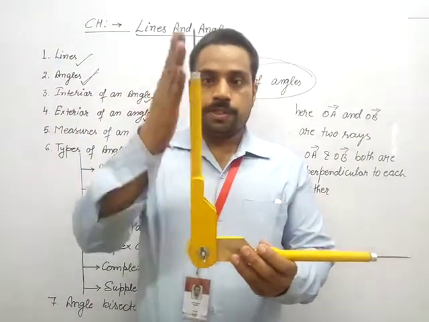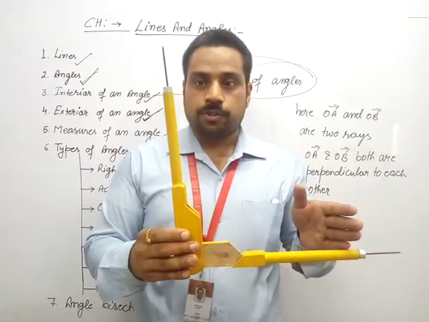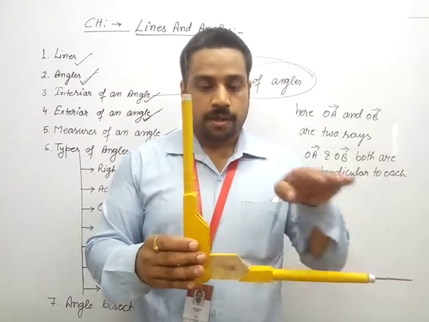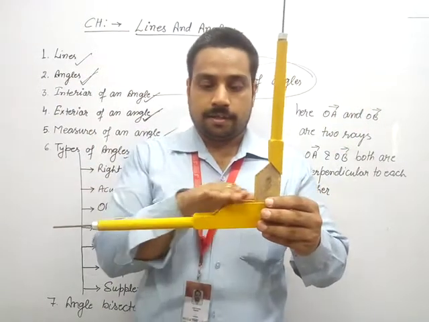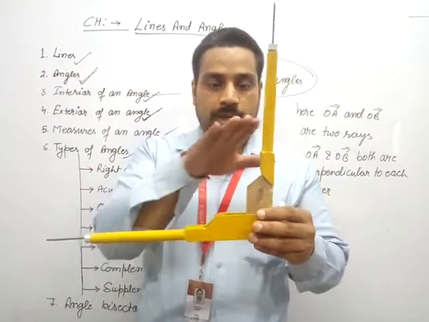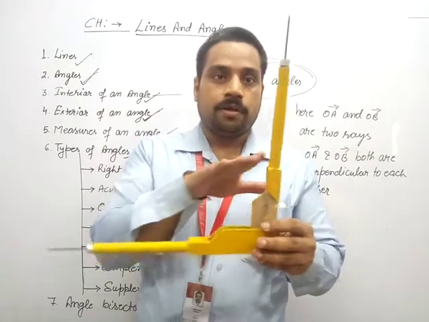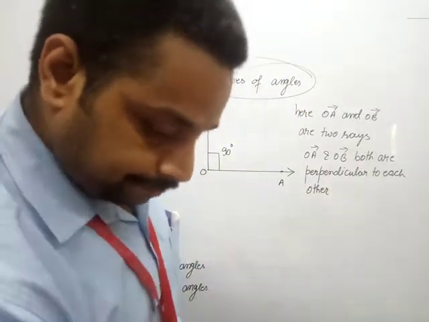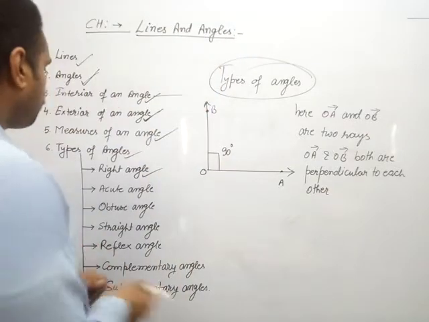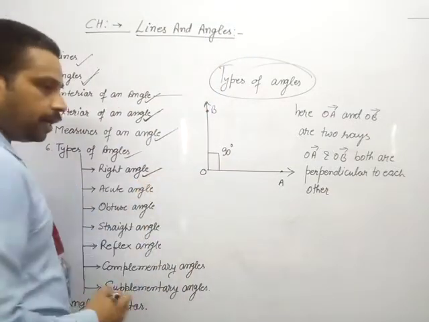Now this ray is perpendicular to this one because both are making a 90 degree angle. In another way, I can say that this ray and this ray both are perpendicular to each other. So right angle is clear, I think.